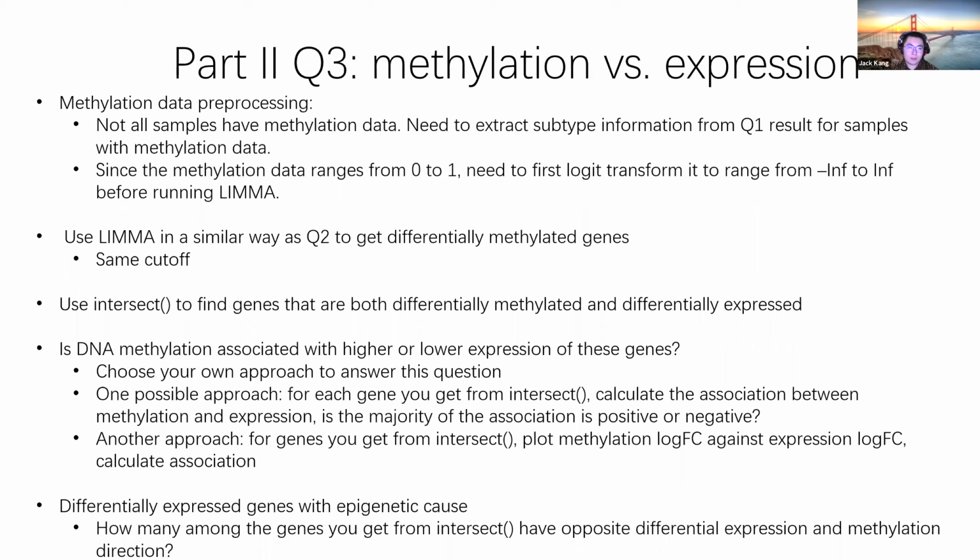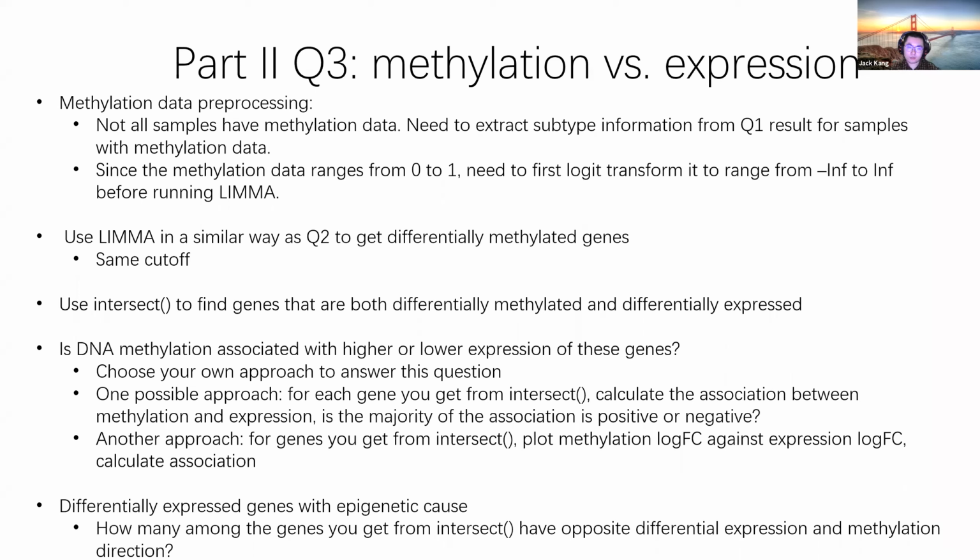Another thing is that the methylation data is a fraction from 0 to 1, but limma takes values from negative infinity to infinity. So you need to first logit transform the methylation data so it ranges from minus infinity to infinity. And you can really just search online how to do a logit transformation.